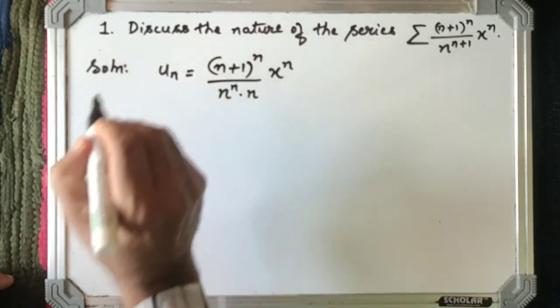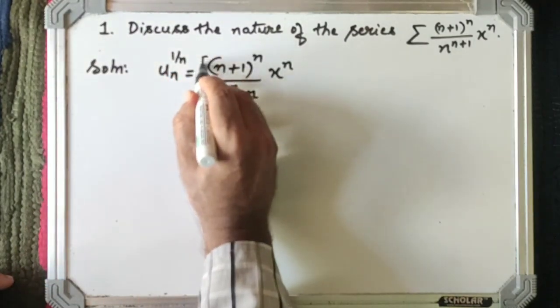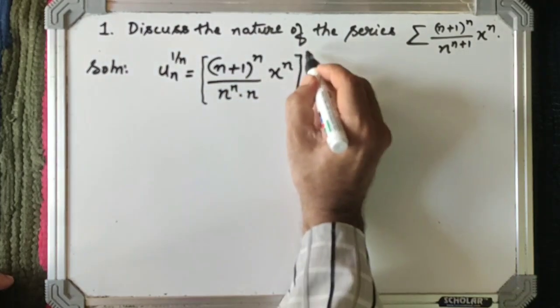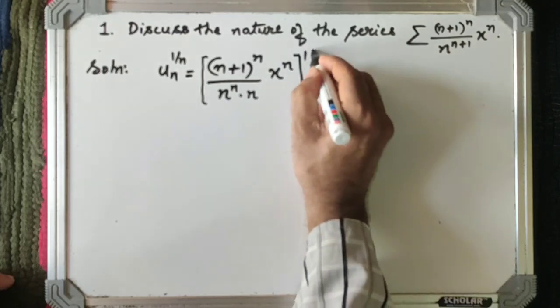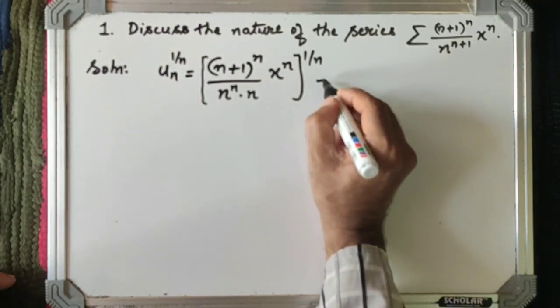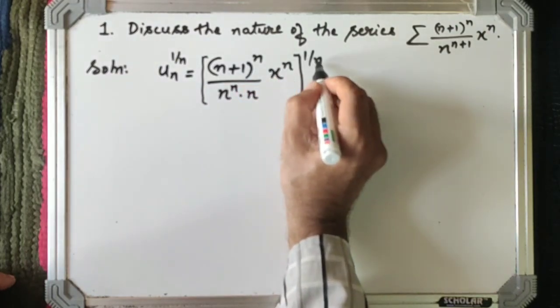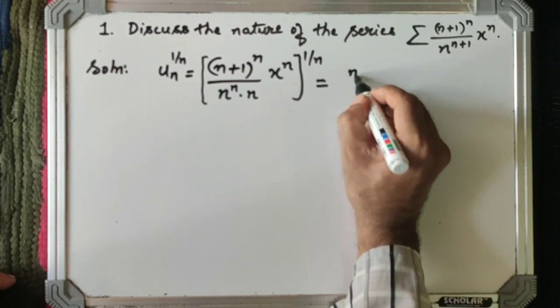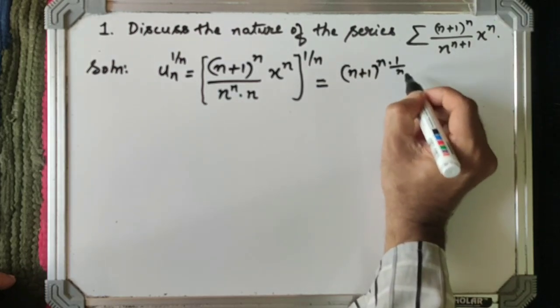So un whole power 1 by n will be, once again using the theory of indices, n plus 1 power n into 1 by n.